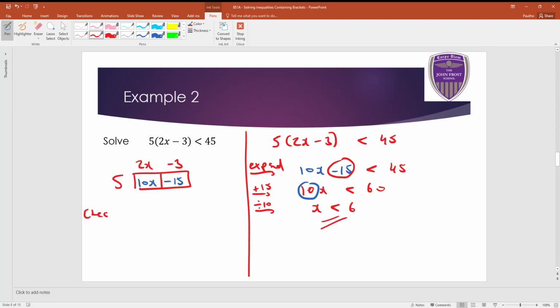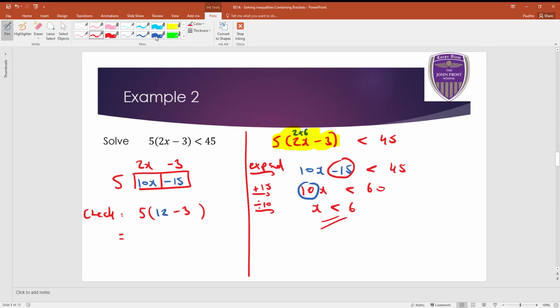But let's do a check. Let's put x into here and see what happens. Right, so 5 bracket. Now remember, 2x means 2 times x. So this means 2 times 6. Well, 2 times 6 is 12. So 5 times 12 minus 3.